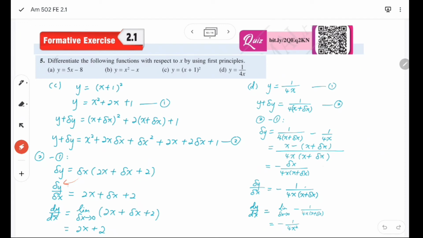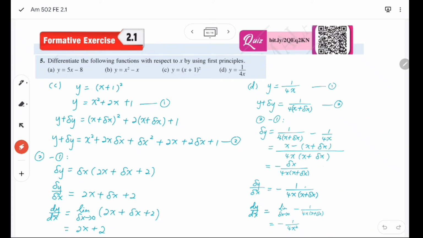So del x moves over, we get del y over del x equals 2x plus del x plus 2. So the dy dx is the limit of 2x plus del x plus 2 when del x tends to 0. So we get 2x plus 0 plus 2, which is 2x plus 2.